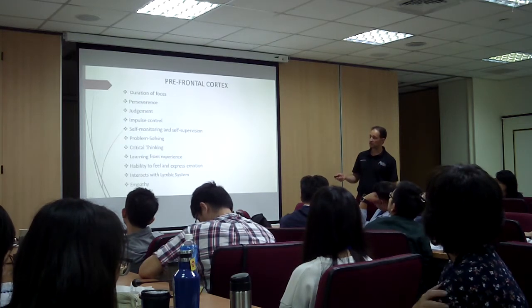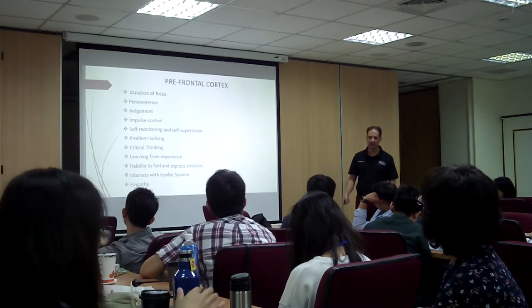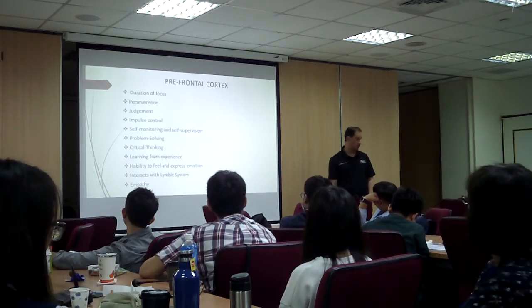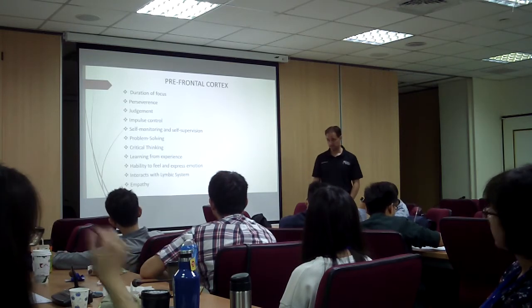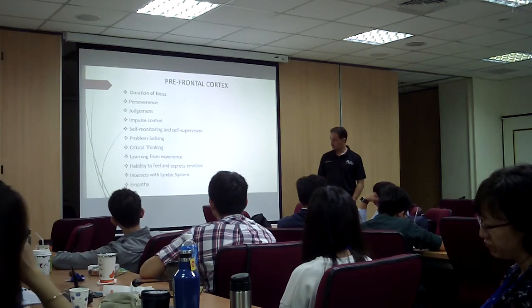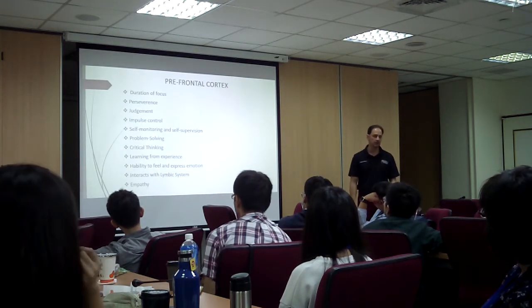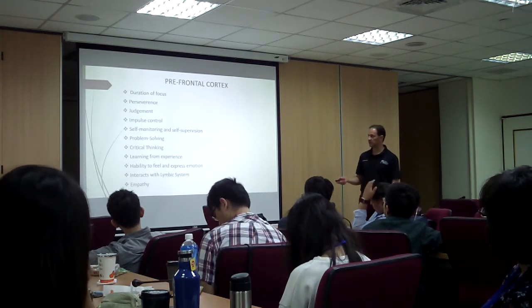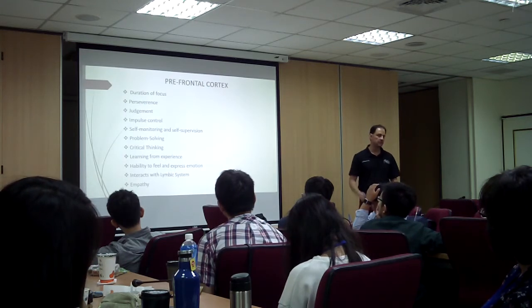It's good with problem solving, critical thinking, learning from experience, and that's why teenagers get into so much trouble, because their prefrontal cortex is not mature enough. So that's why they jump out of a building without a parachute, and they use drugs, and they engage in sexual activity early in life, and end up getting an STD or being pregnant, things like that.